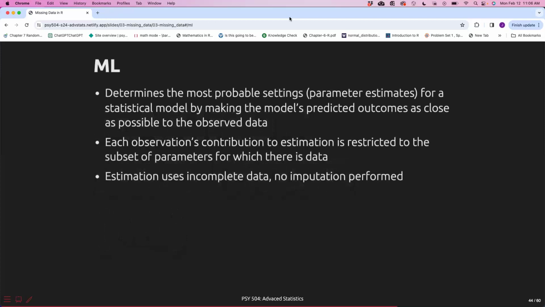If we remember, maximum likelihood essentially just finds the parameters that maximize the likelihood of the data, right? What's important to note here is that we're using complete data, or all the data that's observed. We're not throwing out any data, but we're not imputing any values into the data set. We're not doing something similar to multiple imputation. We're just using the data that the participants have.